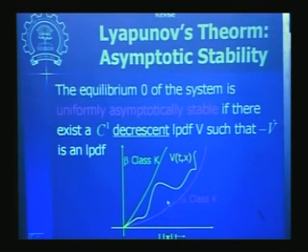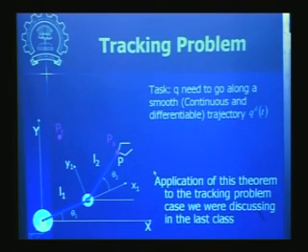Now let us move ahead to our tracking problem. Again, recall what we are talking about in terms of the tracking problem. We are given a trajectory to be tracked, some straight line or some curve whose function is predefined. Based on this trajectory to be tracked, we find out the joint trajectory, the desired joint angles.